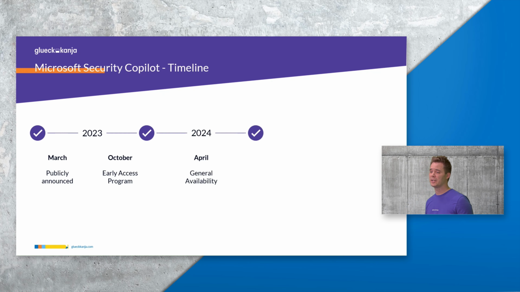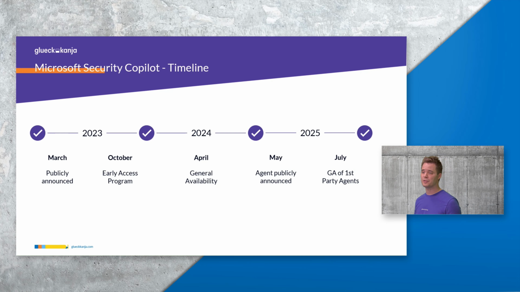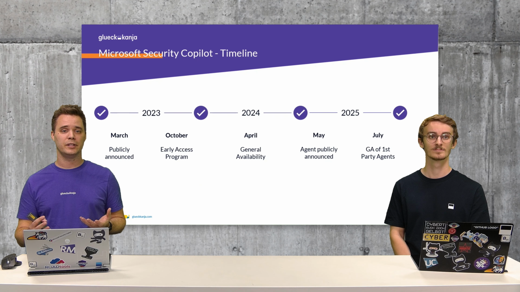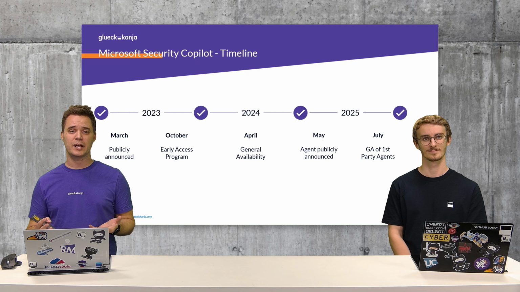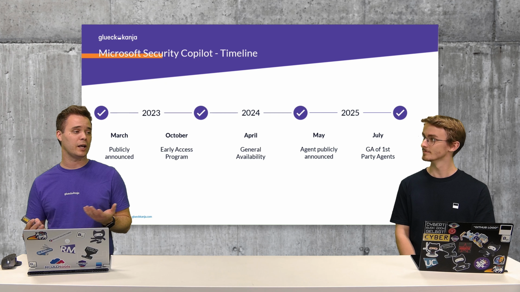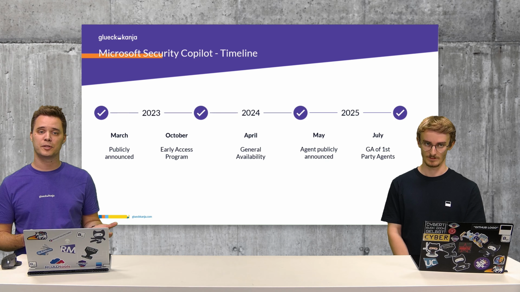Yeah. But this year was impressive. They started to announce agents, so first-party agents provided by Microsoft, and in July, for example, the first agents became GA, like the Conditional Access Optimization Agent.